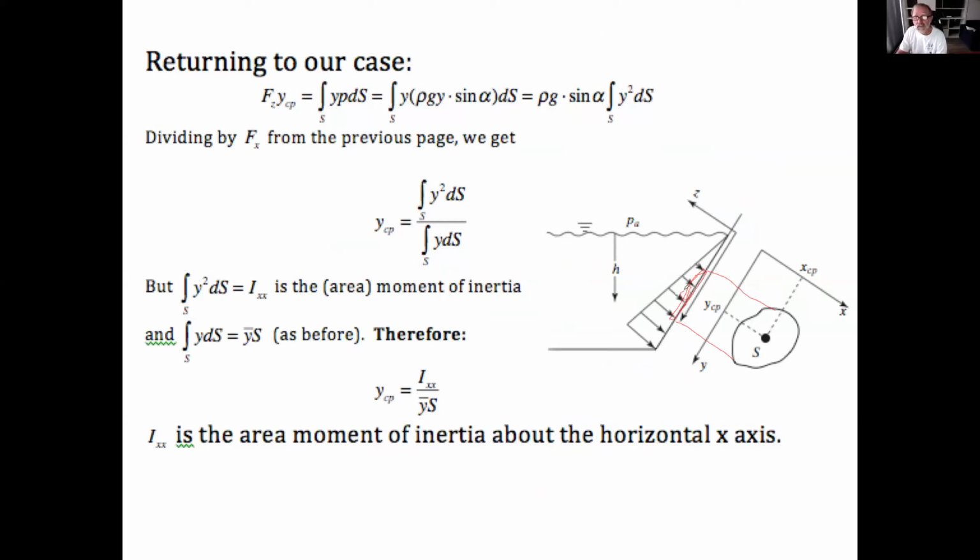So the centroid is probably here, and then find the depth of the centroid. Again, not so accurate. So this would be H, and we call it H average. And therefore, the pressure here is going to be P average. P average is going to be rho g H average. Okay, so we already know that.